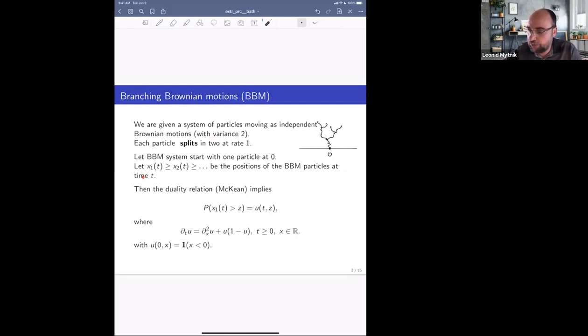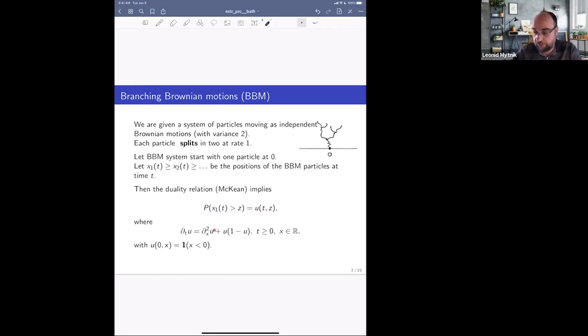Each particle, so we label the particles in the branching Brownian motion. Starting from x1 is the rightmost particle, x2 is the next one, all at time t, the positions of particles. And the duality relation of McKean says that in fact one can get the precise distribution for the position of the rightmost particle. So if I ask what's the probability that the position of the rightmost particle at time t is greater than z, this is a function u of time and z, and this u in fact solves the following nonlinear PDE.